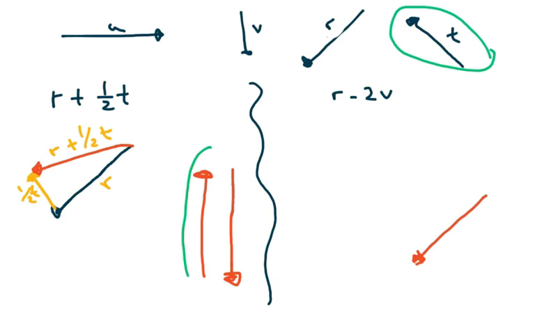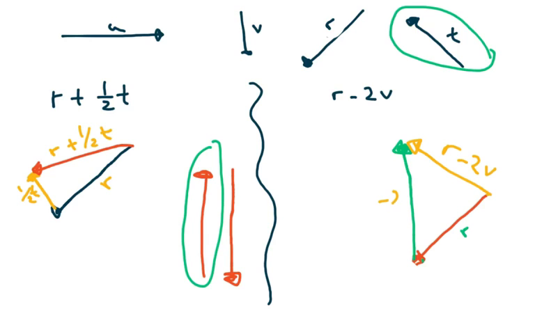So I'm going to draw this one from the tip of my R. And it's going to be twice as long as my v and in the opposite direction. Then to draw tail to tip, you take your original, which your first one, it was just R, and draw tail to tip here. And this would be R minus 2v, and this is negative 2v here.